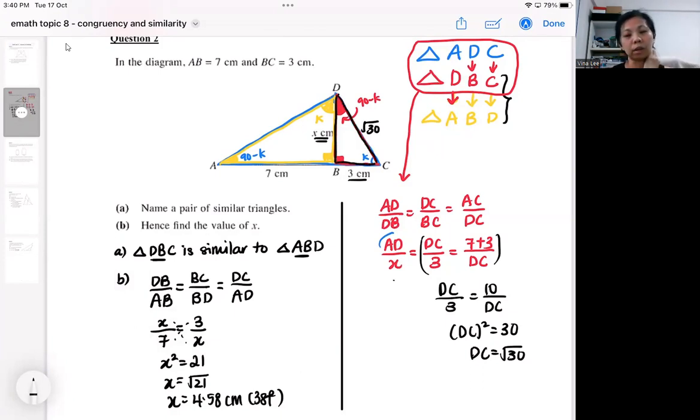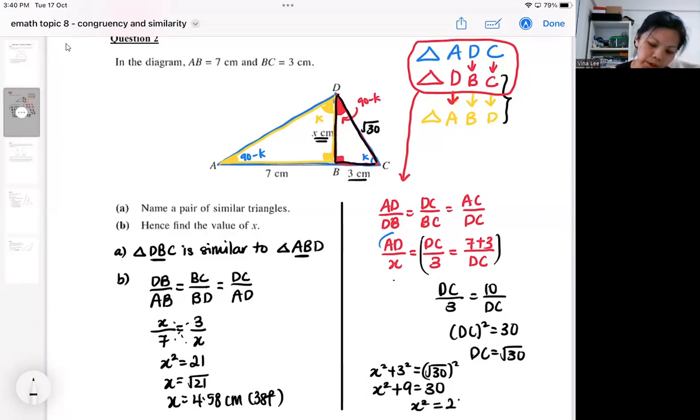That means your similar triangle ratio cannot help you to find it directly. But if you would like to find DC and then put it back into the triangle so that you can do a Pythagoras, that should work as well. If you do that, you will get X squared plus 3 squared equal to square root 30 squared. So you will still get the same answer, square root 21, which is the same as the similar triangle ratio.